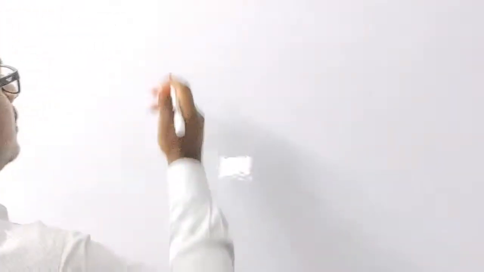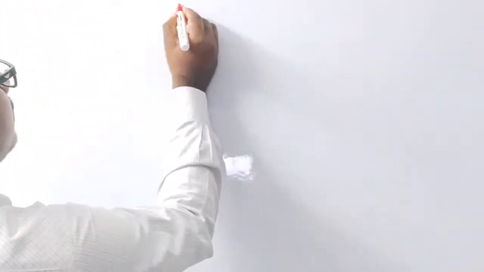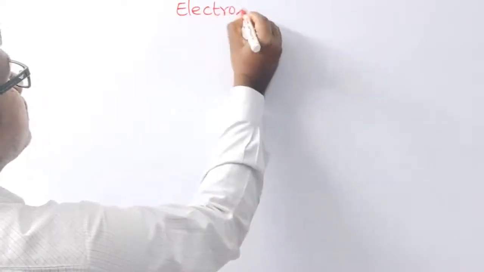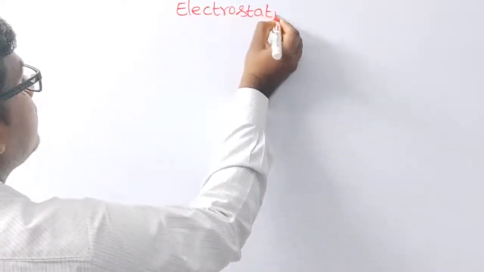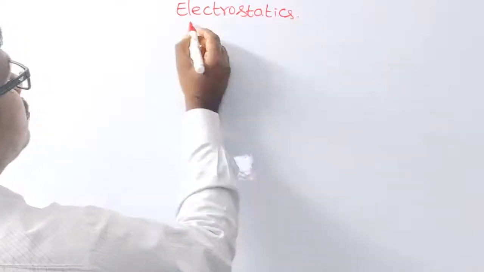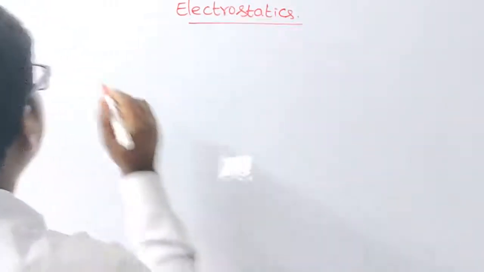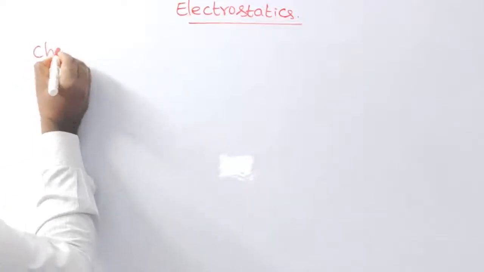Now we are going to discuss the charge distribution and the methods of charging. In this topic in electrostatics, the fields and forces, first we are going to discuss charge distribution.